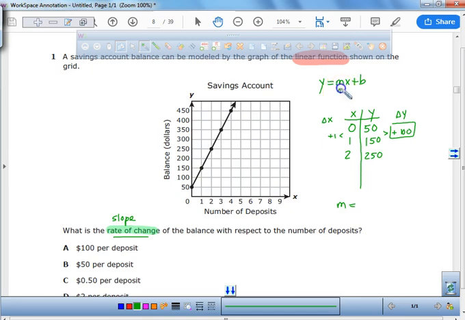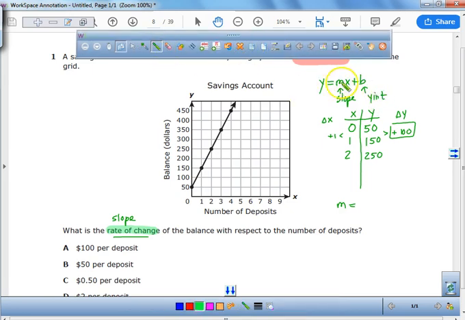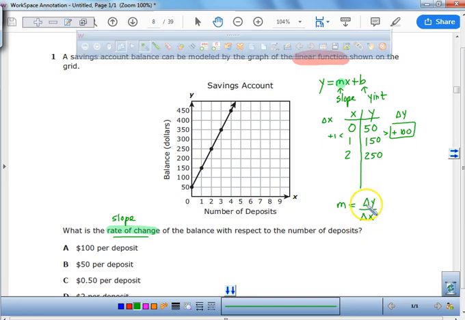The m value represents your slope. The b value represents your y-intercept. In this problem, it wasn't asking for the y-intercept, it was asking for the slope. And the slope is always the change in y over the change in x. If you've never seen the little triangle, those are delta symbols. Delta means change in y over change in x. That's 100 over 1, which equals 100.